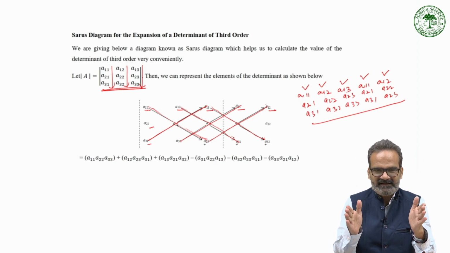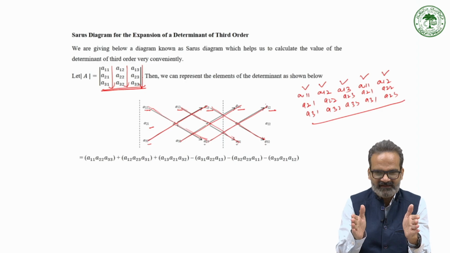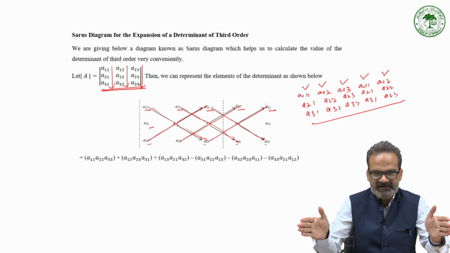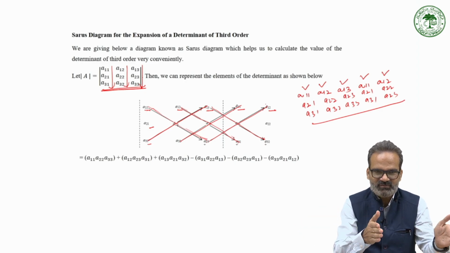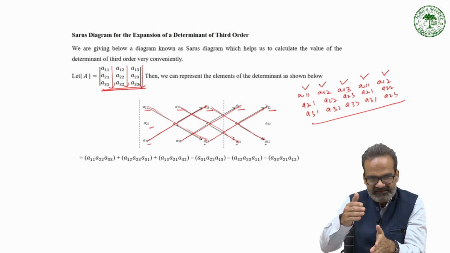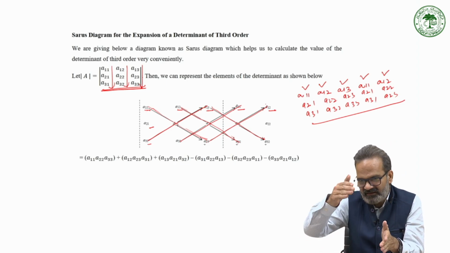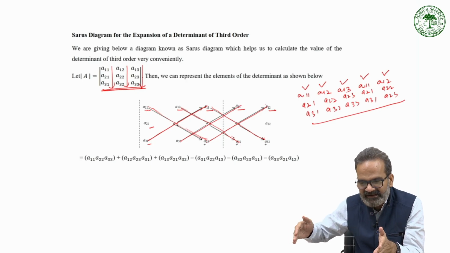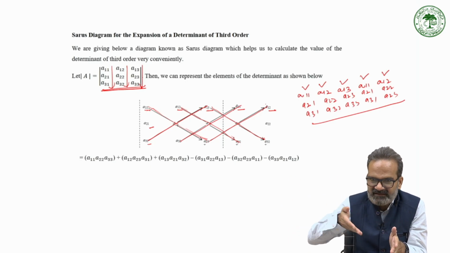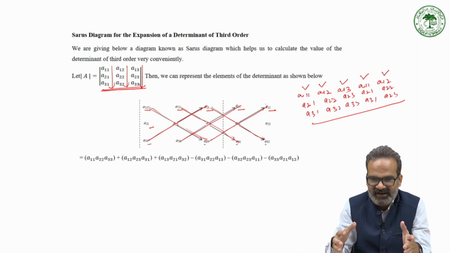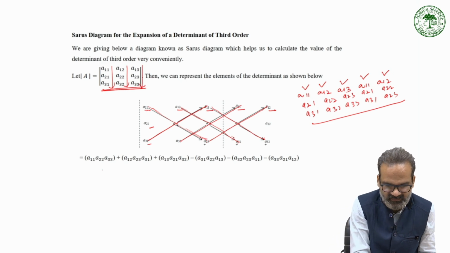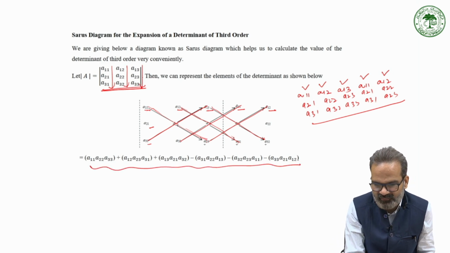A determinant is containing 3 columns. In place of 3 columns, write down a determinant having 5 columns. First 2 columns should be repeated, and then take the diagonal elements, first diagonal in this way first, minus the second diagonal in this way first. Simplify this, and when you simplify, this will be the value of the determinant.